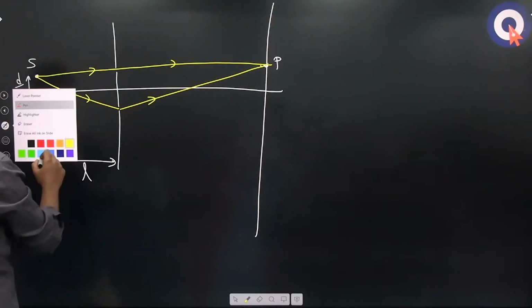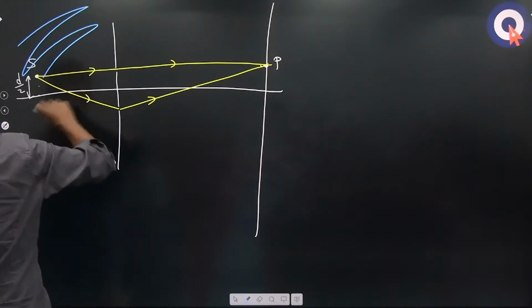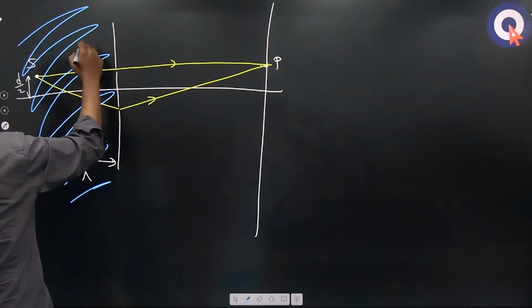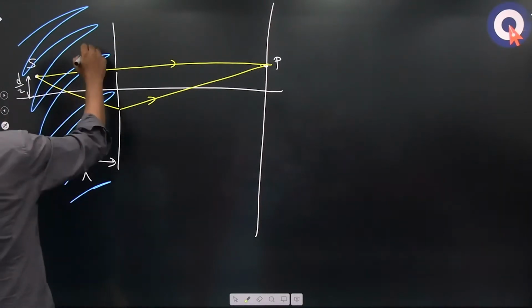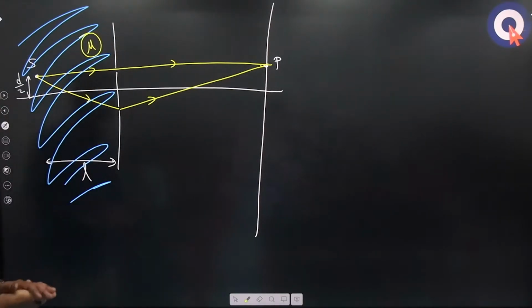Now this is the medium filled with refractive index nu, right? So this is already d by 2.